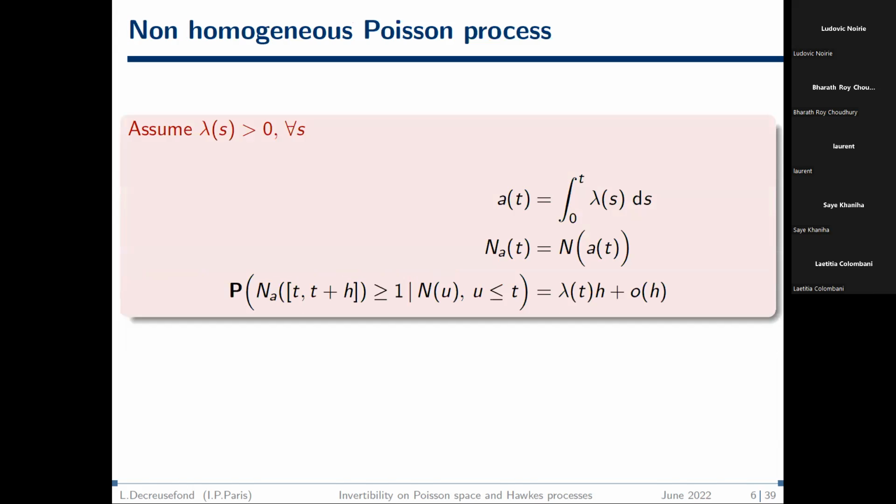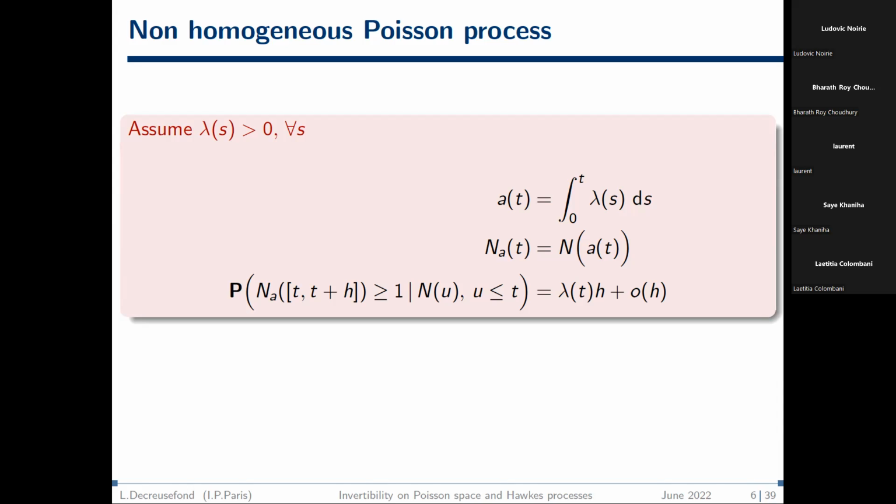So this is called a non-homogeneous Poisson process, and the way to construct this is you are given lambda. You take the first primitive of lambda, which is called A, and you make the time change of N. You take N of A_t, that is, you accelerate or decelerate the time.